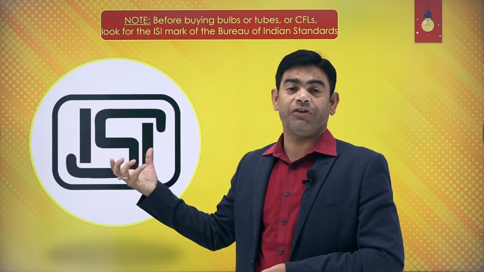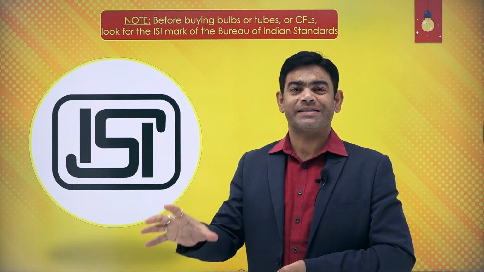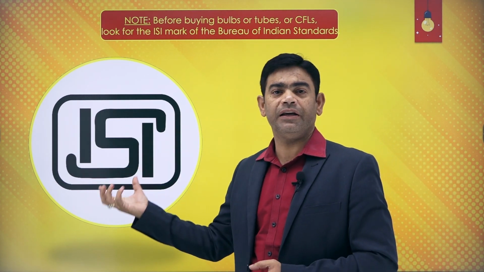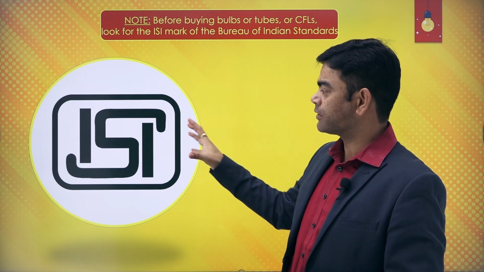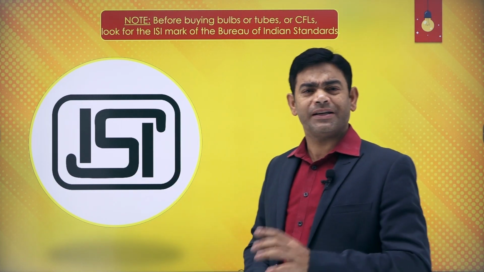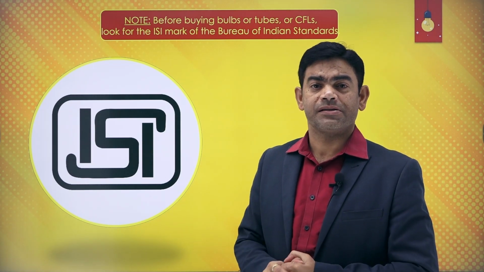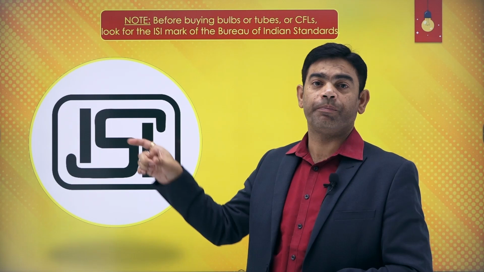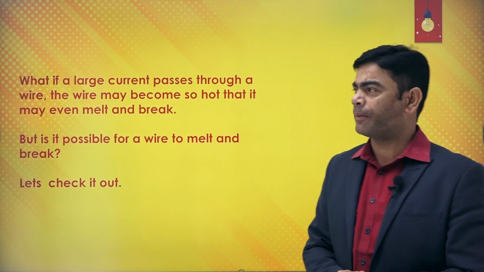This mark is given to those products which are good, which stand by the laws of the government, which are energy eco-friendly, energy preserving, whatever requirements are needed. So whenever you purchase an electric bulb or any electric device, see that it has this mark on the cover pack.